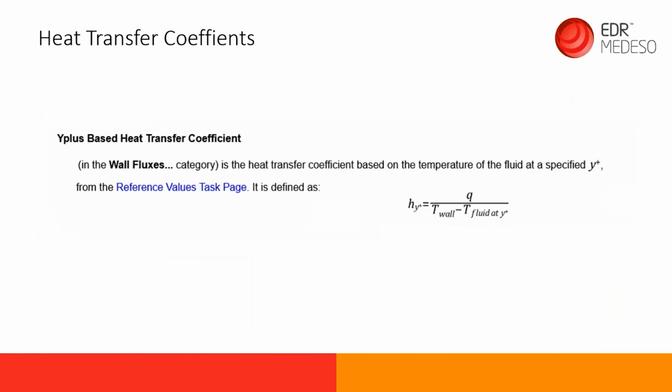And then we have the Y plus based heat transfer coefficient. And this has been put in recently. If you're familiar with your boundary layer modeling, you'll know that the Y plus is a dimensionless value that characterizes the boundary layer. That becomes very useful because it makes much more sense to take your reference temperature at a specified Y plus value rather than, say, a fixed distance from the wall or a fixed reference temperature.